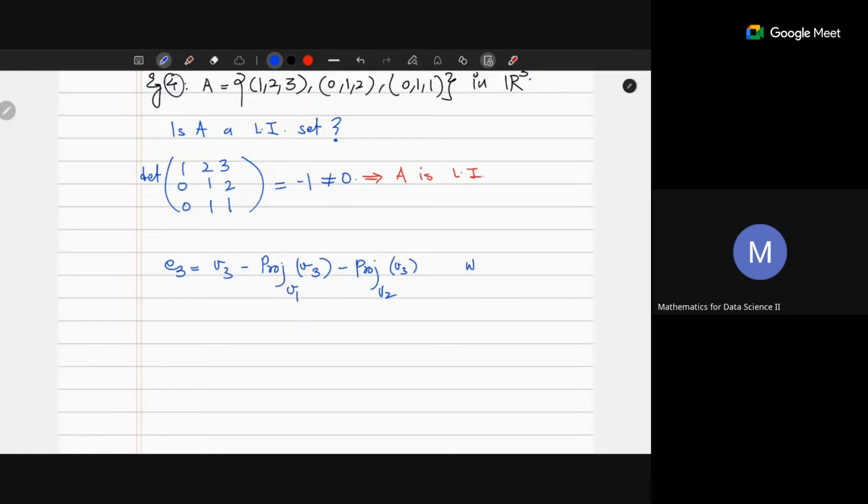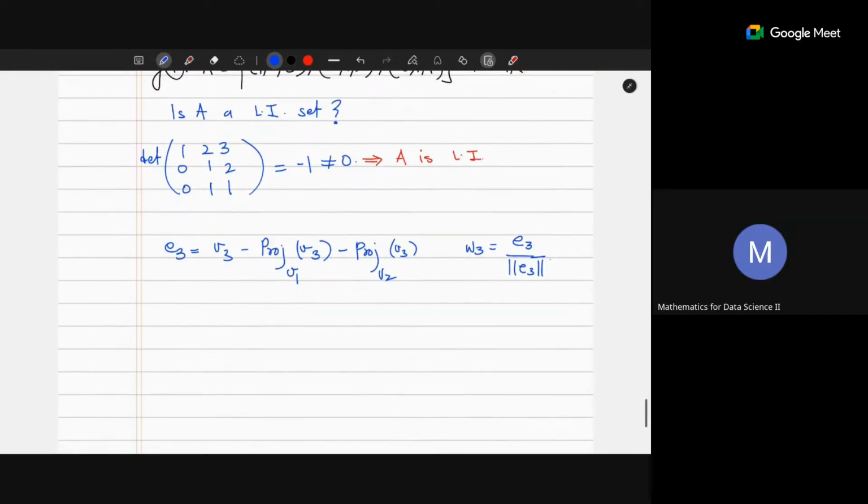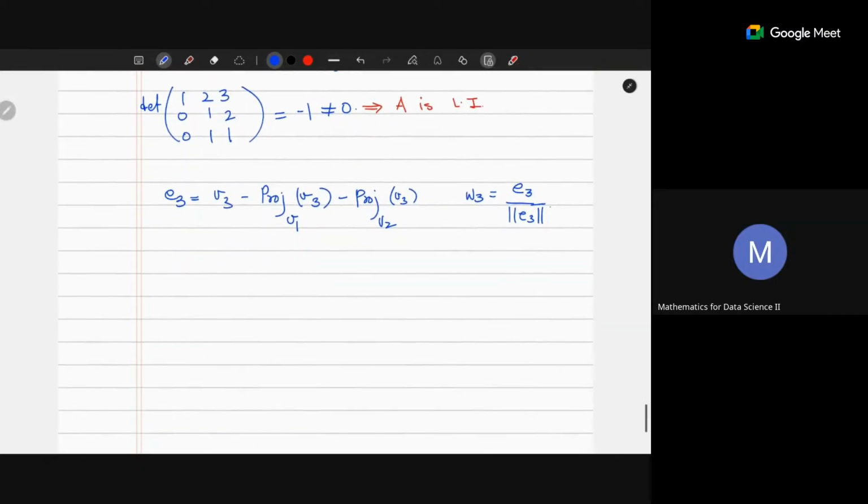All right. And my W3 will be just E3 divided by the norm of E3. Okay. So it makes sense. Is there any doubt here? No, right? Okay. So now let's calculate each of these one by one.